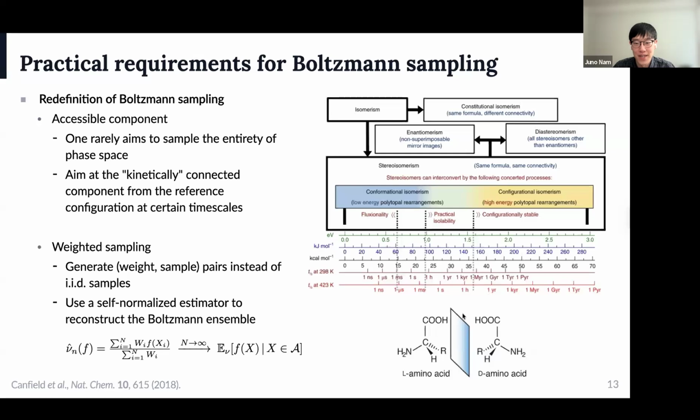For example, we can think of small amino acids. It is known that there are two enantiomers, which are the mirror-symmetric configurations of this amino acid. There's the L configuration and also the D configuration. Chemically they're the same molecule, but they have a different configuration.